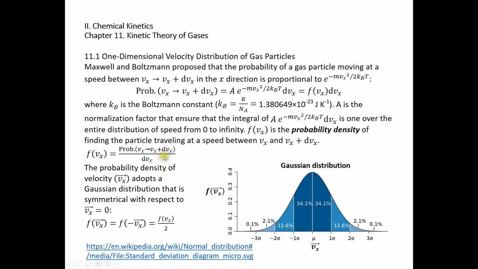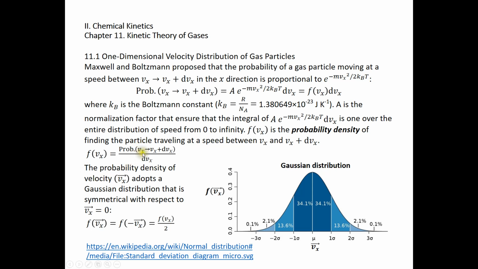Now let's look at the definition of the probability density again. This f, the probability density, is equal to the probability of finding the particle moving at a speed within this range, divided by the range. That's why it's called probability density. Now if we look at the velocity instead of the speed, we'll have a different distribution of probability. Why is that?